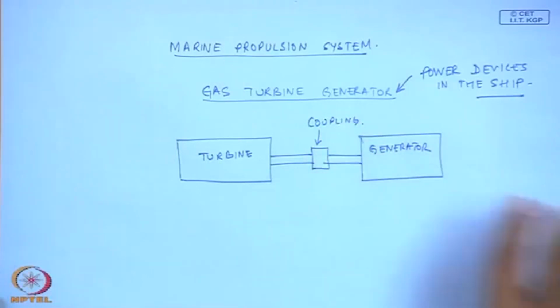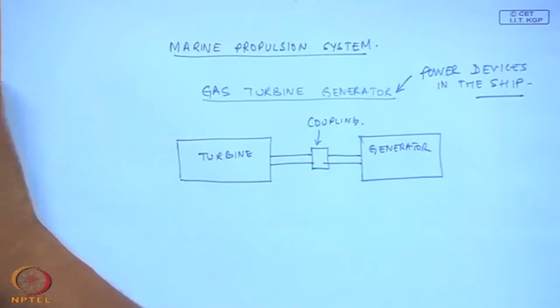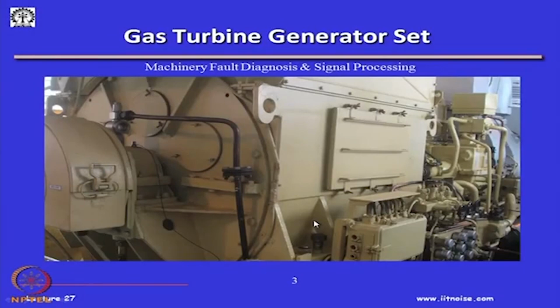So, I will show you a few pictures of a condition monitoring we did on a gas turbine. This is the gas turbine, and this is coupled to a generator. Here you can see the heavy exhaust, and this is the generator. We have put an accelerometer on the bearing housing of the generator.